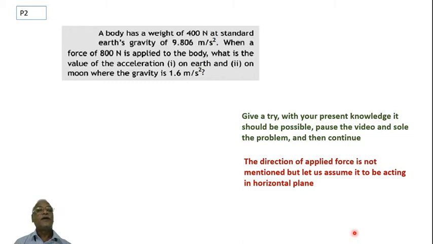Second problem: a body has a weight of 400 newtons at standard Earth's gravity. When a force of 800 newtons is applied to the body, what is the value of acceleration on Earth and on the moon, where the acceleration due to gravity is 1.6 meters per second squared?